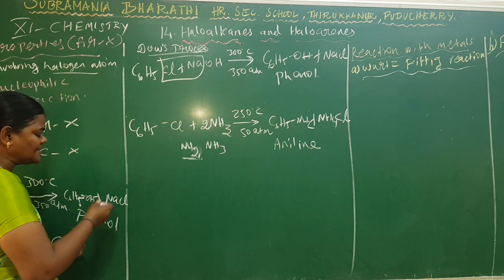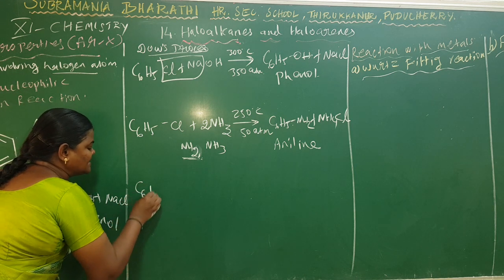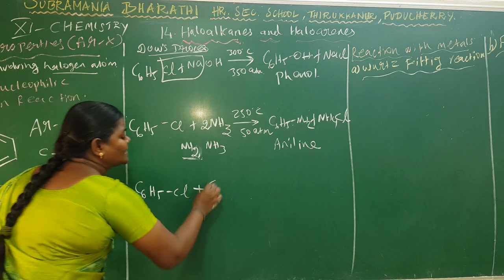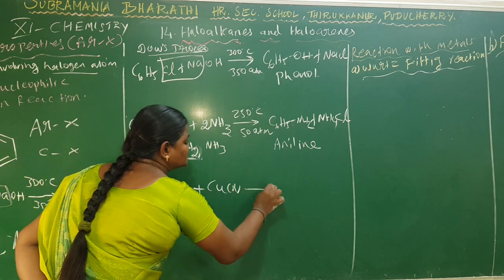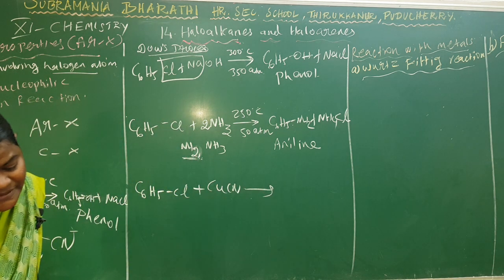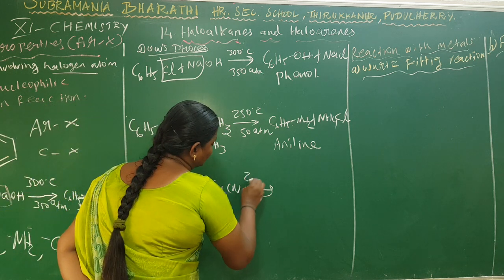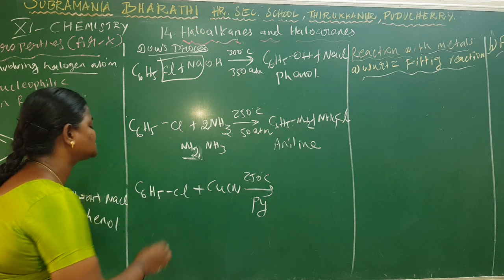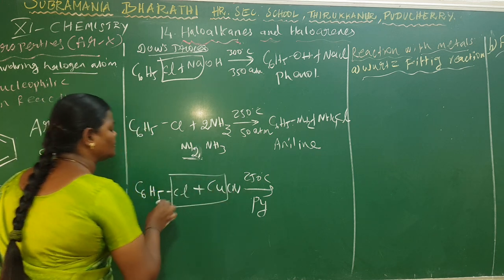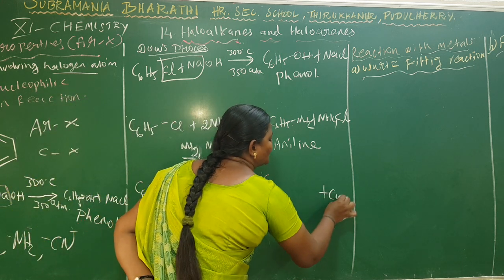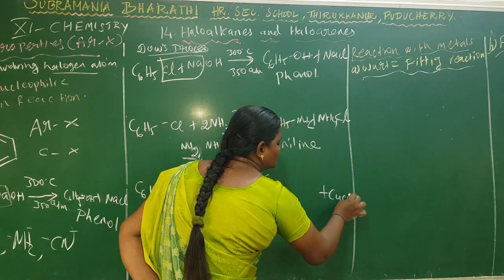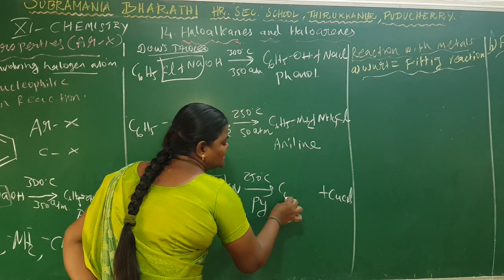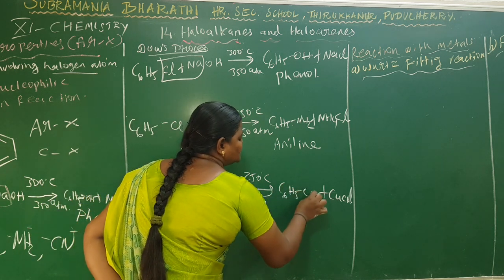Now another important reaction: C6H5Cl in the presence of cuprous cyanide, at a temperature of 250 degrees Celsius and in the presence of pyridine catalyst. The copper is directly linked with the chlorine, and cuprous chloride, CuCl, is obtained. The remaining part, C6H5CN, is formed.